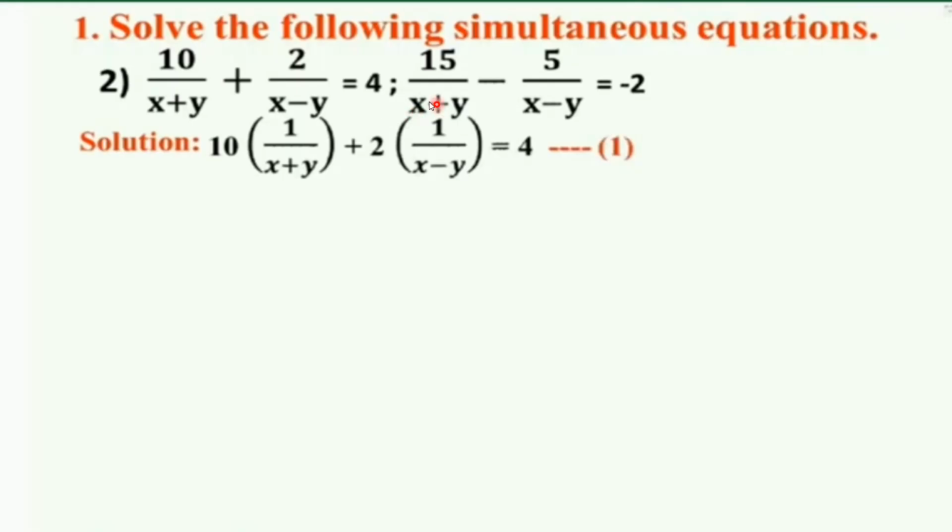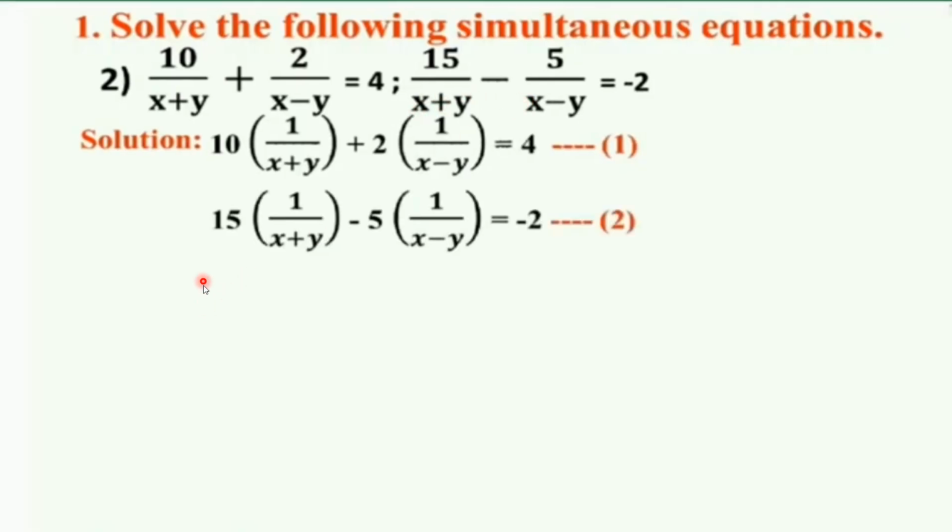Similarly, I can rewrite the second equation also as 15 into 1 divided by x plus y minus 5 into 1 divided by x minus y is equal to minus 2. So here I am writing these two equations in this form so as to take the substitution for 1 divided by x plus y and 1 divided by x minus y. Here you can choose any variable, children.